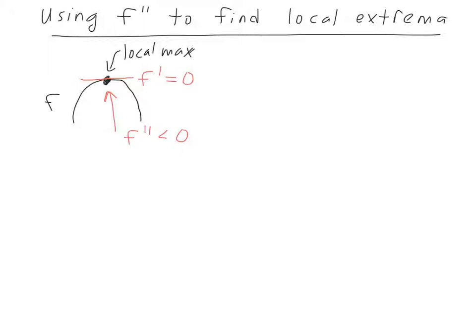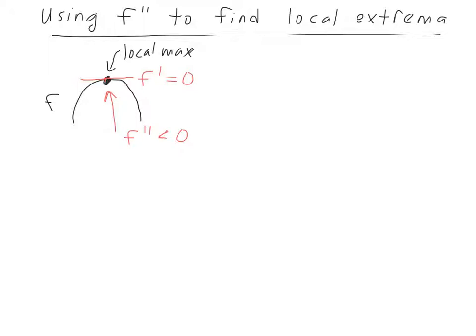So we can summarize this by saying that if we're trying to confirm whether a certain x value is an actual local min or max, you can use the second derivative by simply looking at its sign.